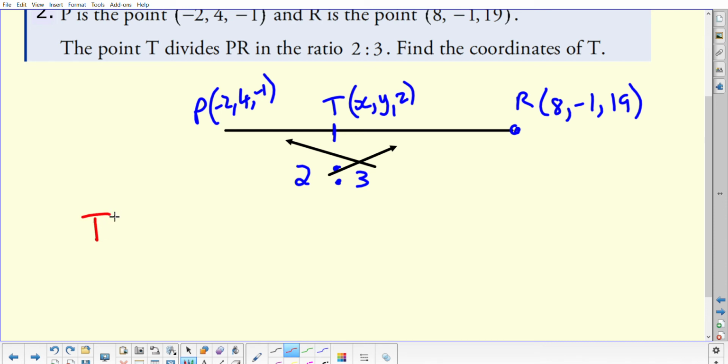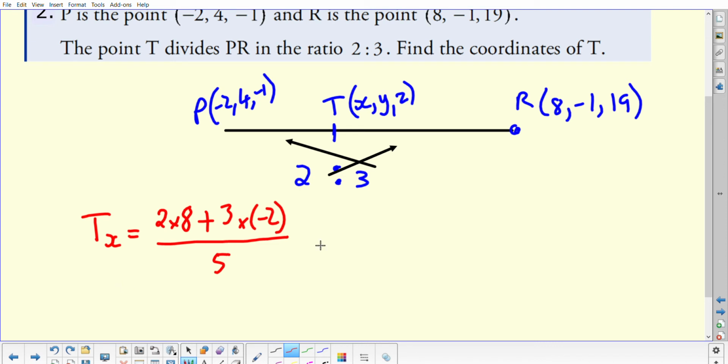What the section formula says, to work out the x coordinate for the T point, we will do this number here, the 2 times the opposite one, so we would be doing 2 times our 8, plus we will have 3 times the x coordinate of the first point, so 3 times -2. And then the whole thing is all divided by 5, and that's because the line gets really split up into 5 bits, so you're doing 1/5 of that.